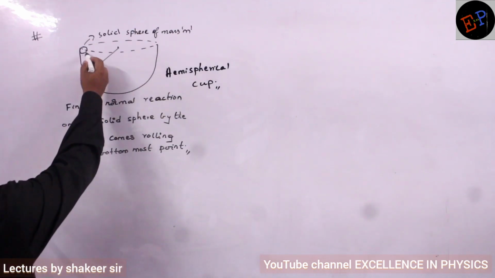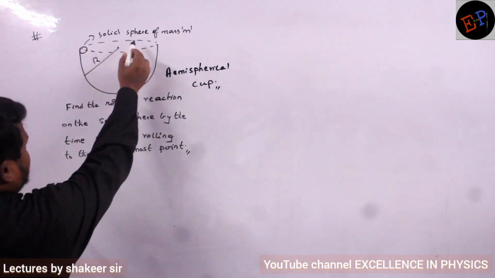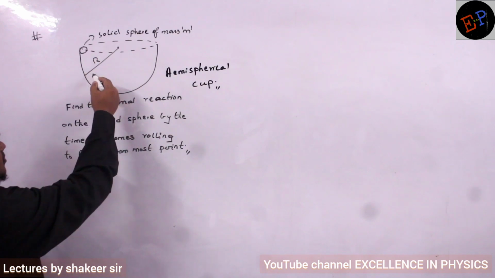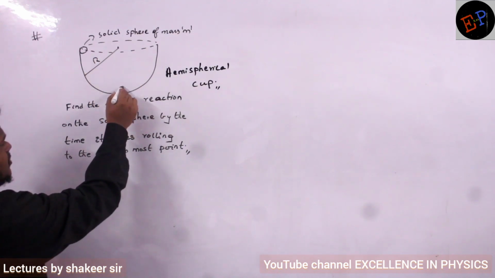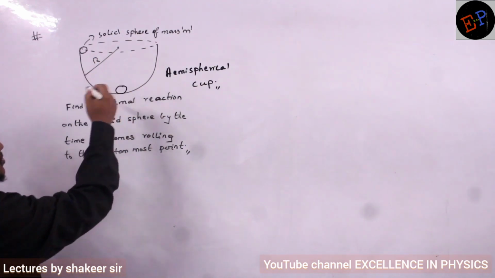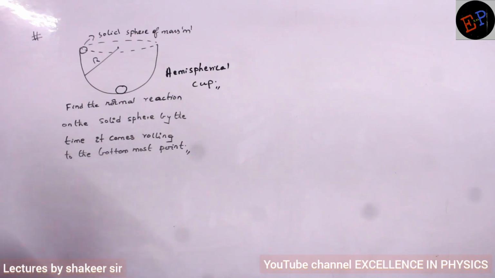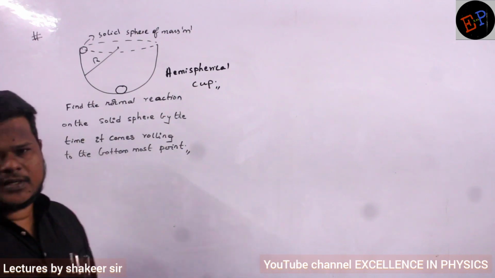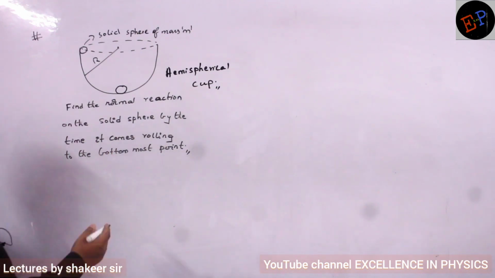So from the top of this cup, we are releasing one solid sphere. Mass of the solid sphere is m. Then it starts rolling down and it reaches the bottom of this hemispherical cup. By the time it reaches the bottom, its velocity cannot be zero, it will have some velocity. How much velocity, we don't know.